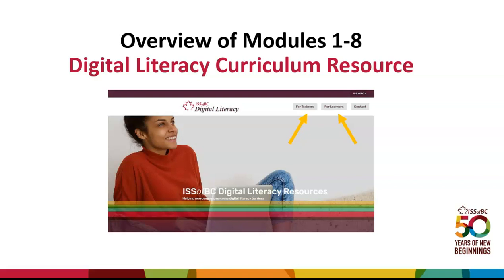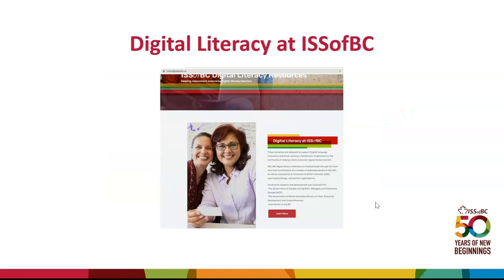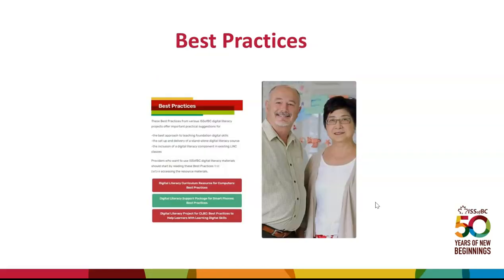The passwords for these two tabs are shared with nonprofit organizations and given freely to any publicly funded organization that asks through the contact page, which is here. Under Digital Literacy at ISS of BC, there is information about who is involved in the projects and the research behind the DLCR. Under this on the homepage is best practices information connected to the different resources.